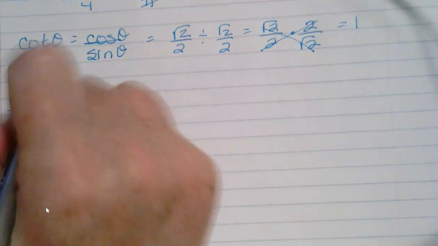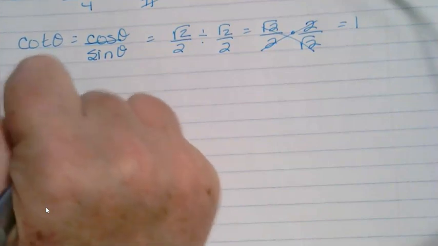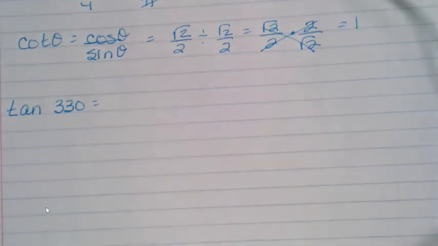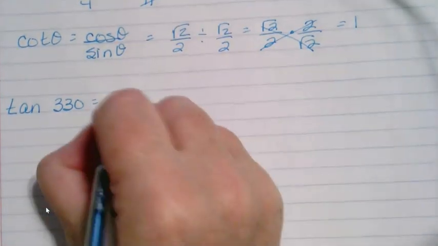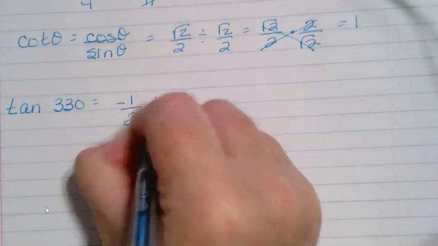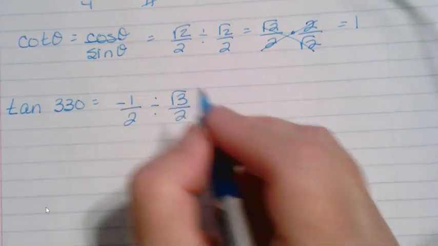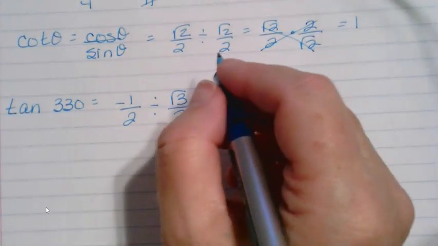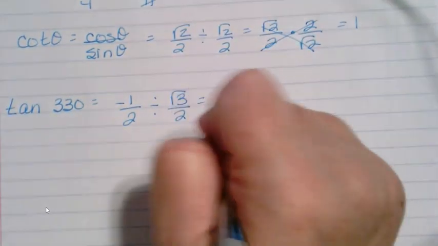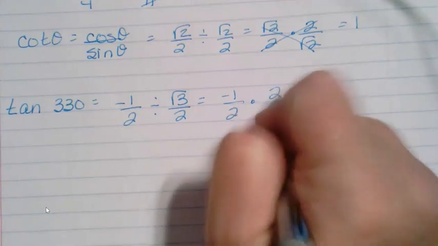Okay, last one from this group is tangent of 330. So again, sine divided by cosine. So where's 330? Sine is negative 1/2 divided by square root 3 over 2. Keep, change, and flip.